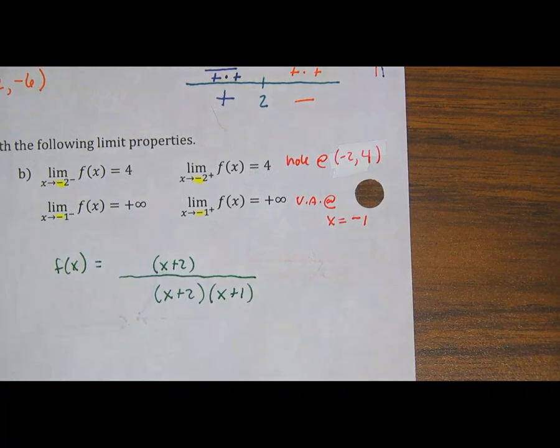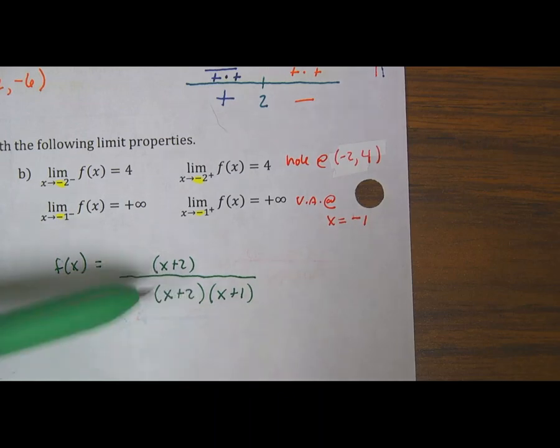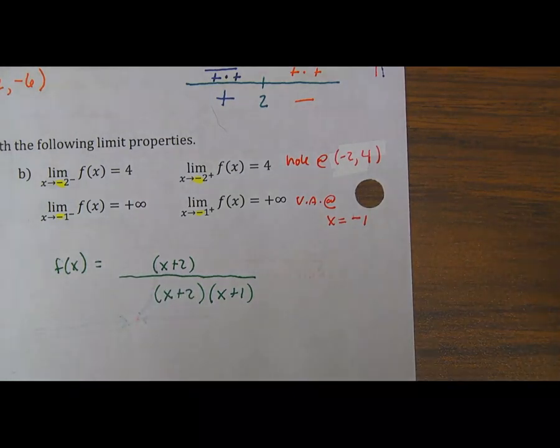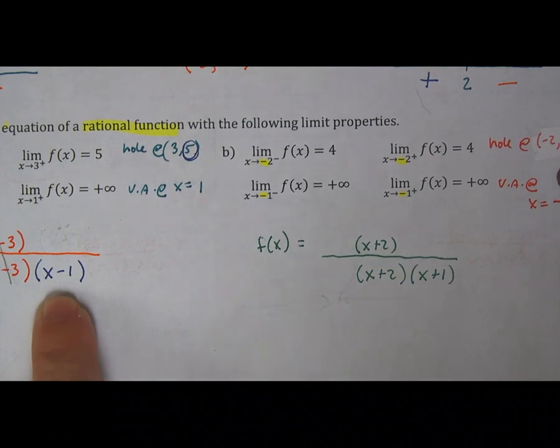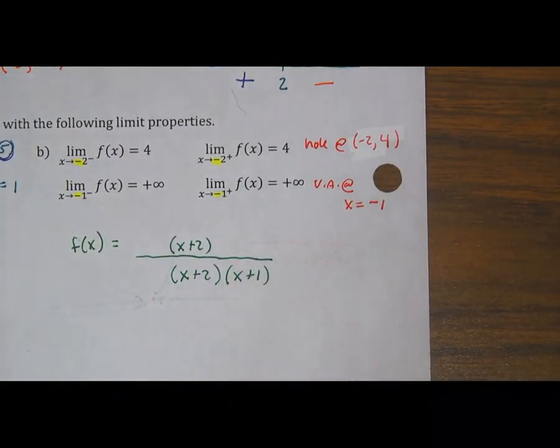Be careful with those negatives. I mean, even I just accidentally put minus 2, so just watch your symbols. This one? Yeah, because the vertical asymptote is at positive. Over here it's at negative. Okay.